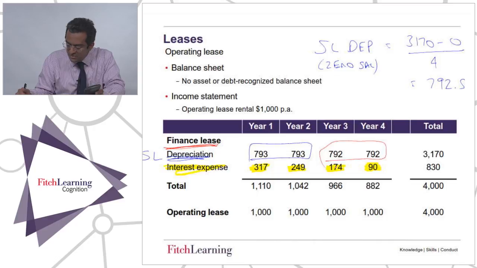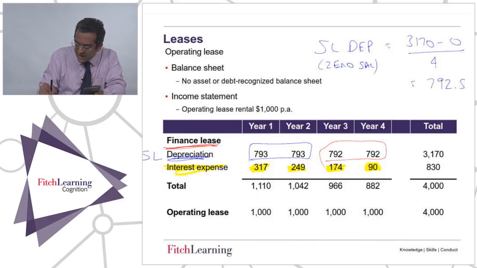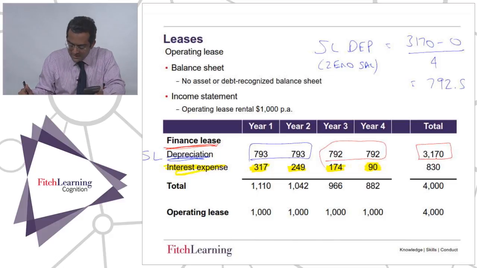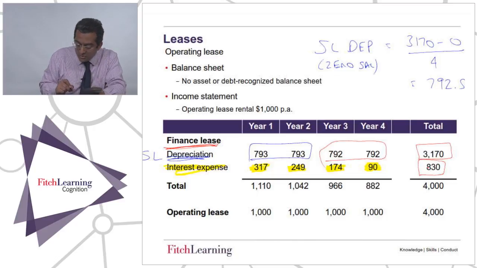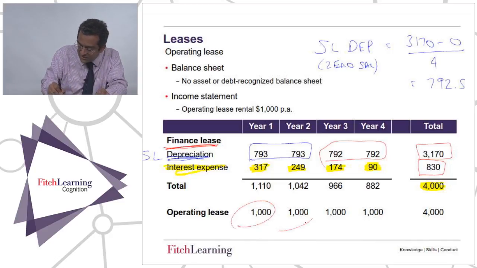Now, if we are to show what we need to show, guys, obviously depreciation adds up to the value of the asset, as it should do, because you're taking it down to 0. Interest expense is also included here. And overall, the amount that you are expensing does come to $4,000, which is exactly the same as if you had just expensed 1,000, 1,000, 1,000, 1,000.